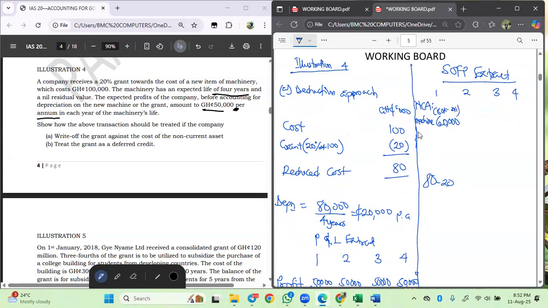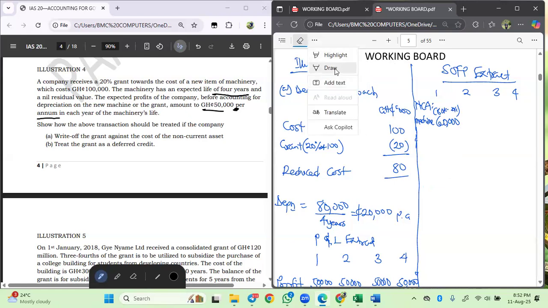I hope you understand. In year 2, what will be the net book value? I want you to tell me. 60 minus 20 gives 40, so it will be 40,000.